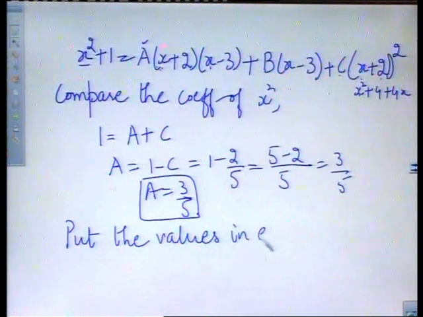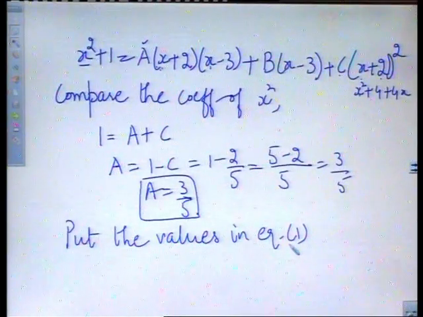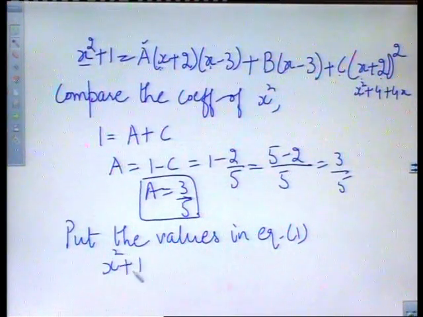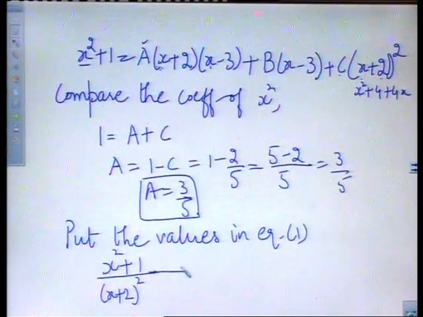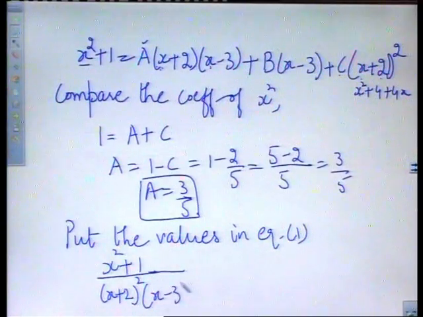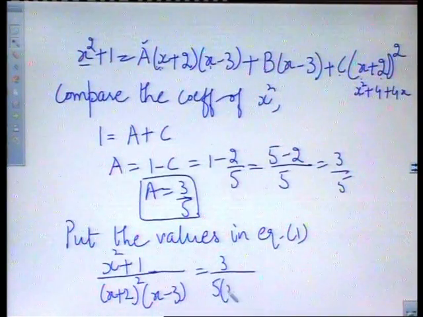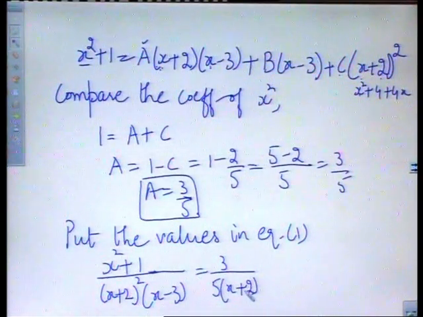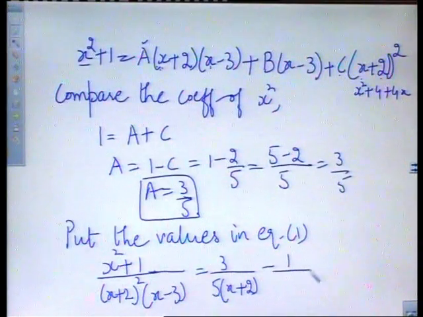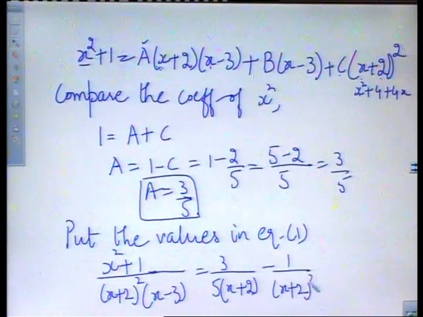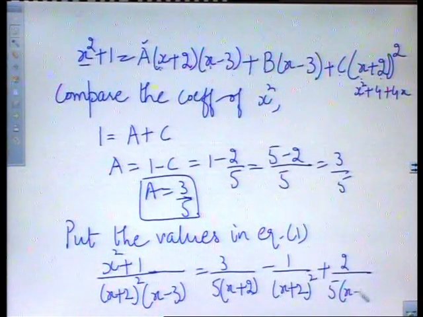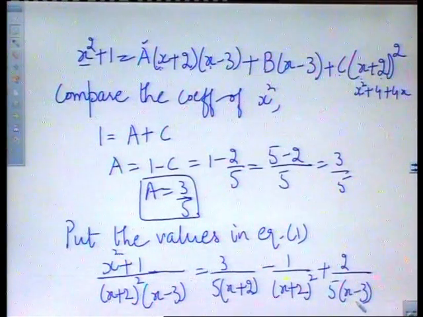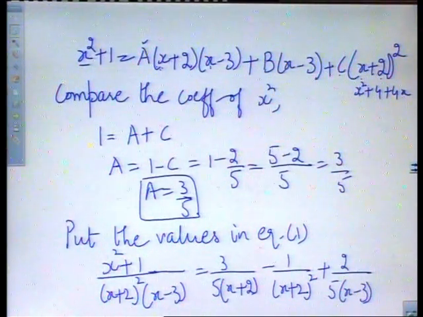We get the partial fraction of x square plus 1 over x plus 2 whole square into x minus 3 as a, where the value of a is 3 by 5, over x plus 2, plus the value of b comes out to be minus 1 over x plus 2 whole square, plus the value of c was 2 over 5, over x minus 3. This is our answer. We know the value of a, b, c.